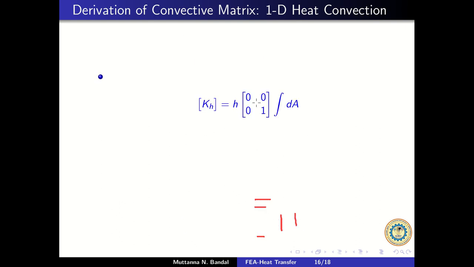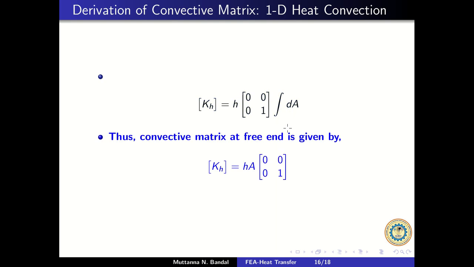So it will be a matrix of h into 0 0 0 1, integration of dA. Thus the convective matrix at a free end is given by h into A into 0 0 0 1. So only at node 2 there is an effect of the convective heat transfer.